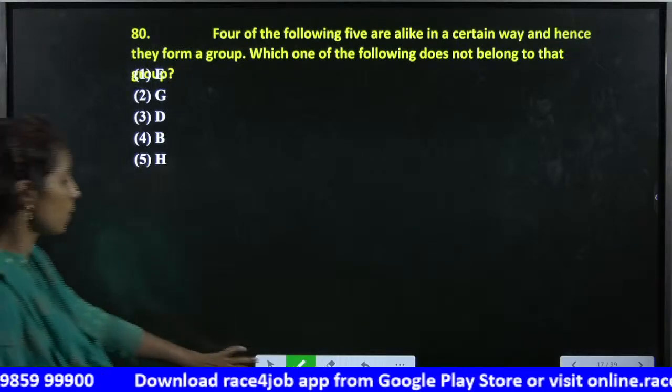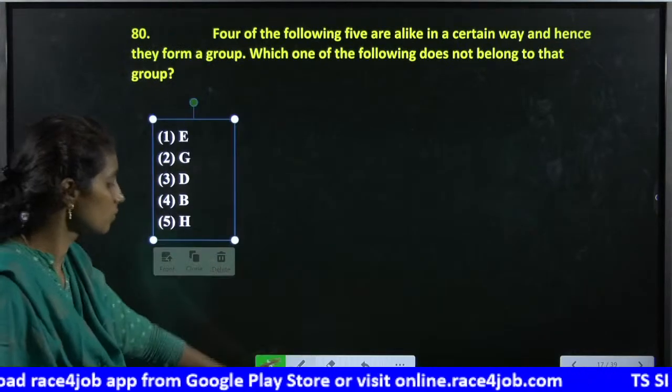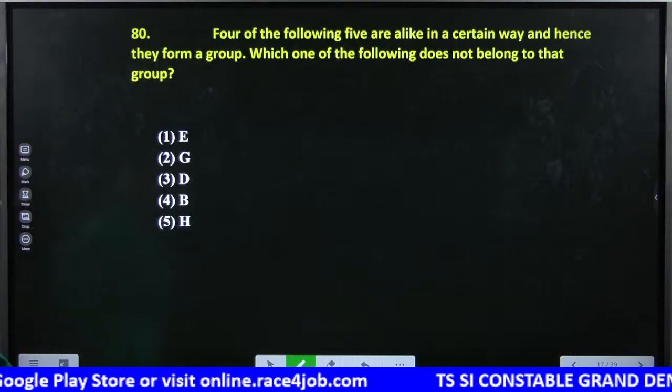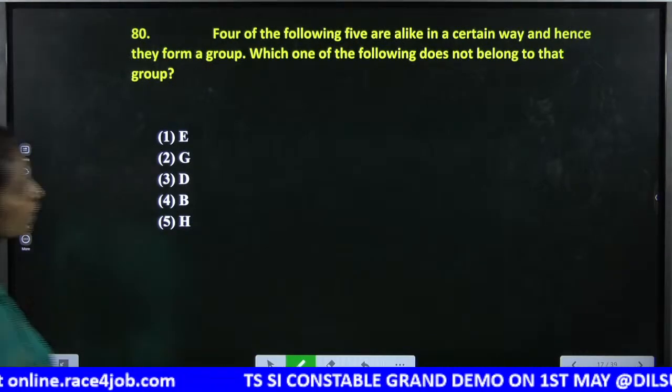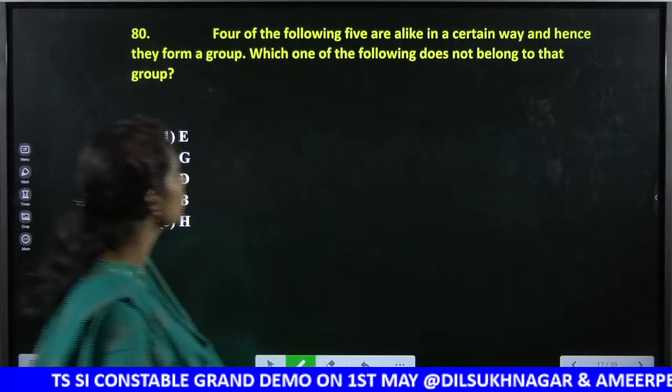4 of the following 5 are alike in a certain way and hence form a group. Which one of the following does not belong to that group?